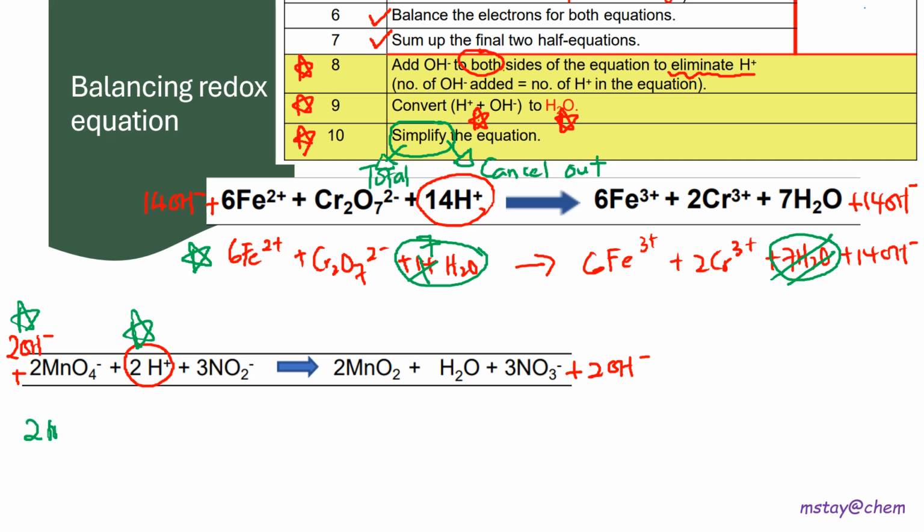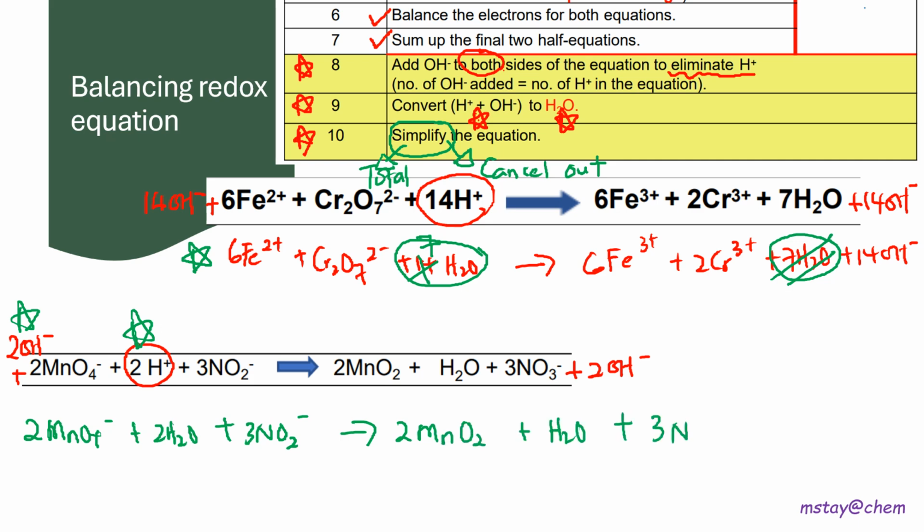So we have 2MnO4- plus 2H2O plus 3 more of NO2- ion and then produce 2 more MnO2, 1 more H2O, 3 more nitrate ion and 2 more OH-. Again, this time we also notice that the H2O is at different sides, so we can simplify by canceling out. So here no more H2O and at the left hand side only 1 H2O is left.